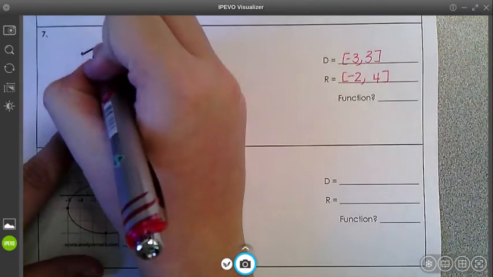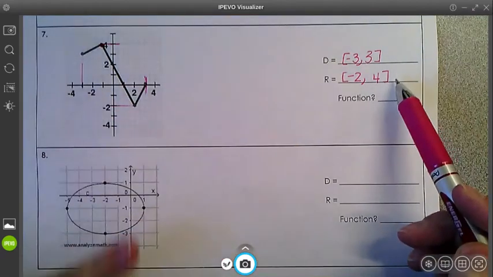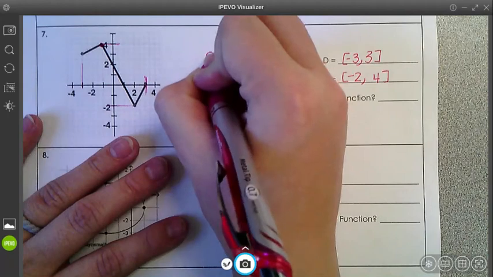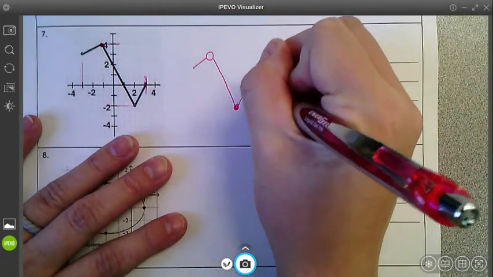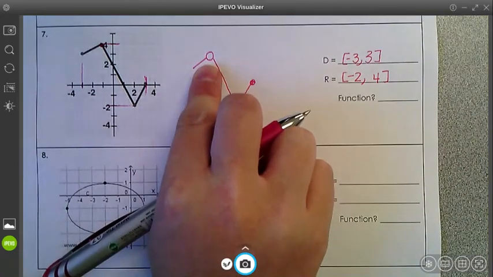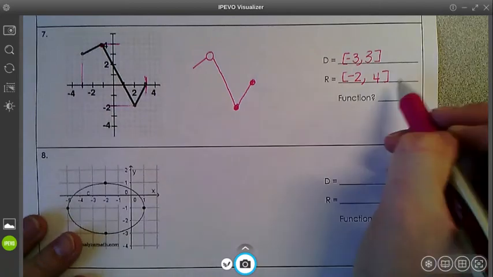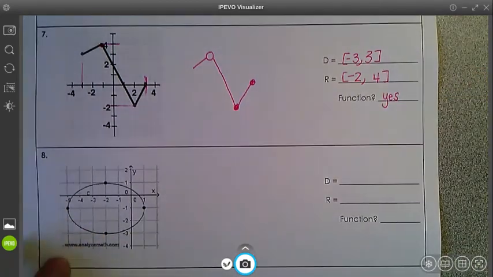Now on that one, you don't see a closed circle, but we still use a bracket because it's definitely not a hole. It was not like this. This would have been a hole. If you don't see an open circle, you assume that it is a closed point, so bracket. And yes, it's a function.